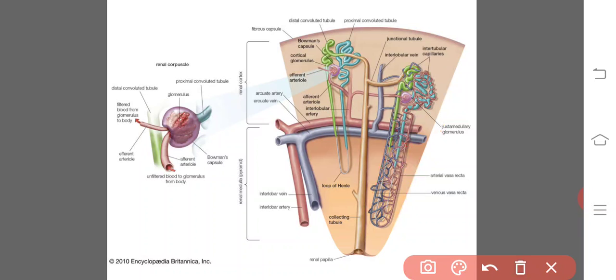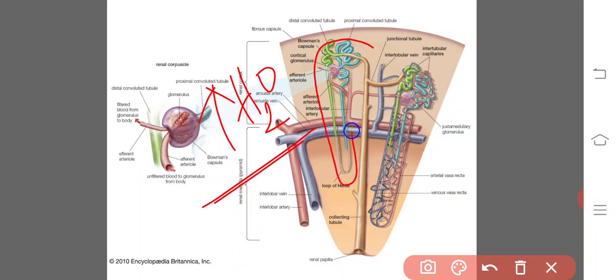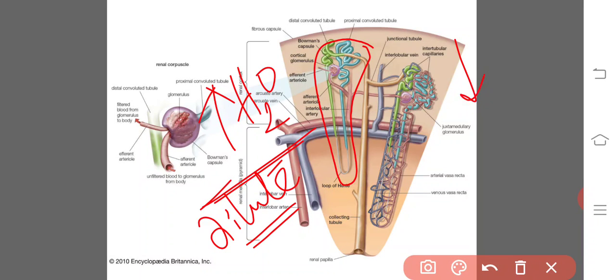Okay, and there is a functional difference between them. They alternately do their work. If the availability of water is more, then the cortical nephrons actively participate in the excretion and form highly dilute urine. Whereas if there is a scarcity of water, the excretion is taken care of by the juxtamedullary nephrons, and they form hyperconcentrated urine, hypertonic urine.